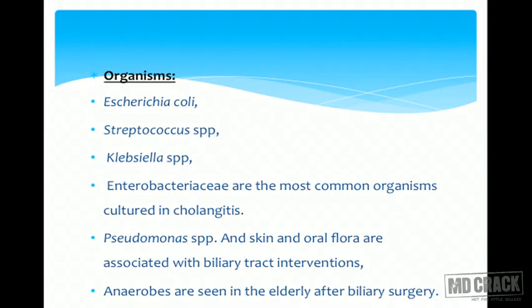Now we'll see various organisms responsible for cholangitis. Escherichia coli is the most common organism seen, along with Streptococcus species and Klebsiella species. Enterobacteriaceae are the most common organisms cultured in cholangitis. Pseudomonas species and skin and oral flora are more commonly seen after biliary tract interventions.